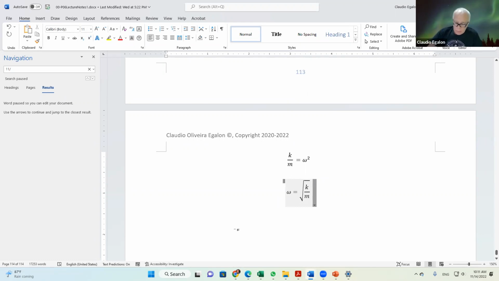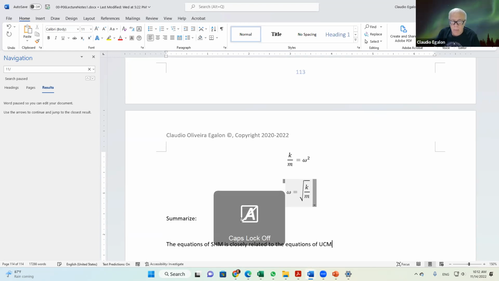Well, let's summarize here. The equations of simple harmonic motion are closely related to the equations of uniform circular motion.